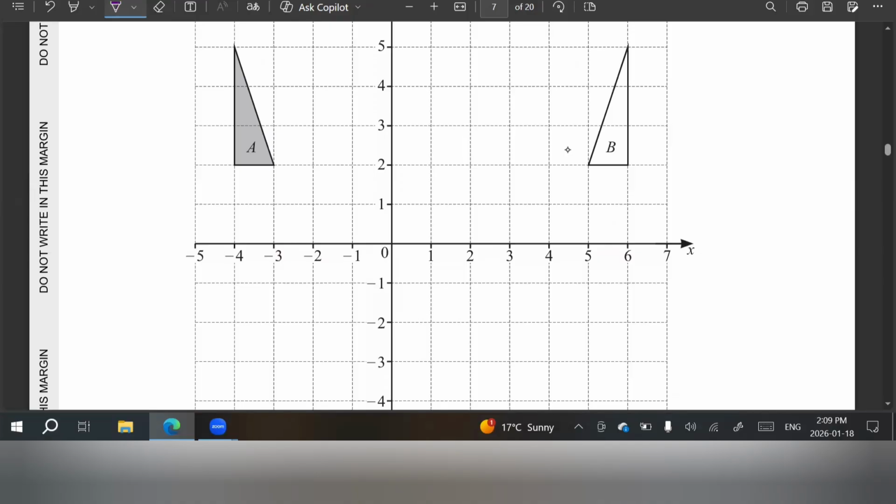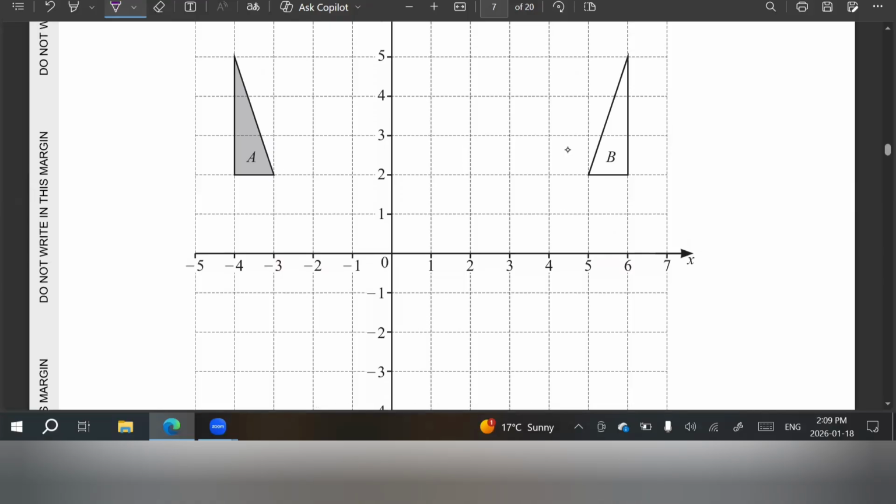If you want to find out the line of reflection, the method is very simple. You will take two same points in the object and in the image, and join the same points on the image and the object.